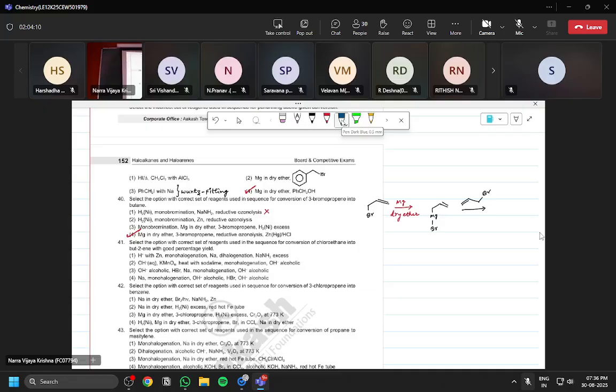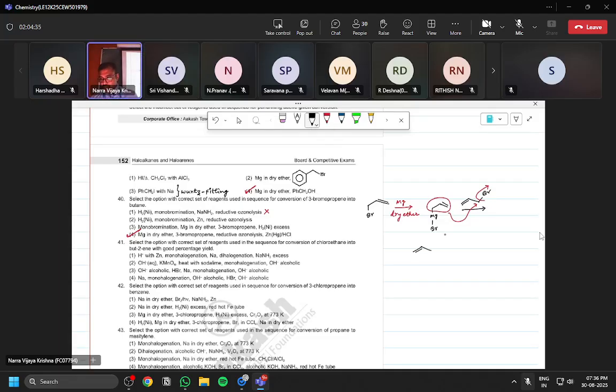So this is a good source of R minus. Now this R minus will go and attack here, making the Br leave. So what will be the product now?